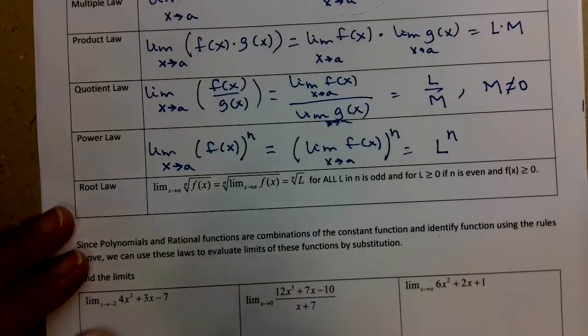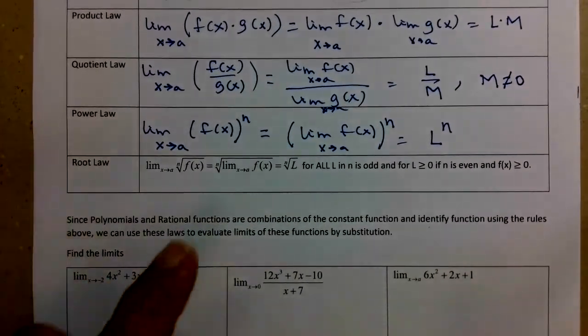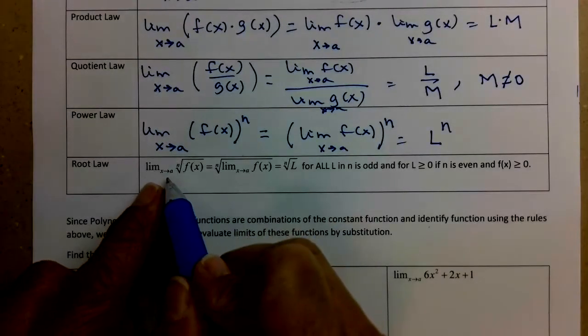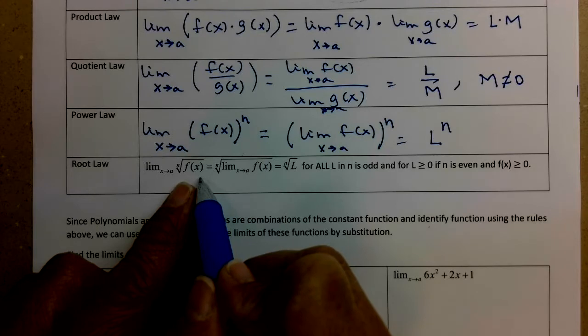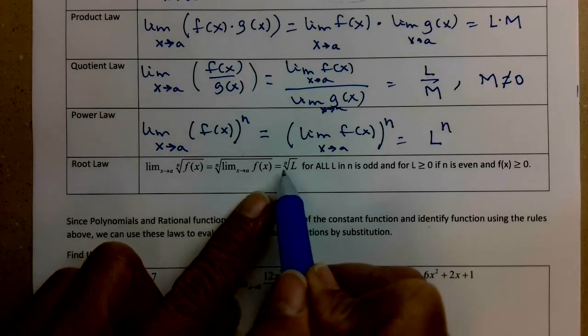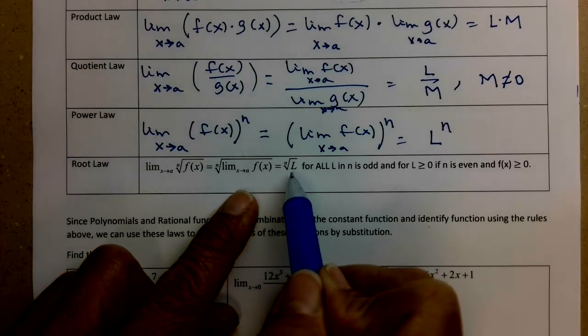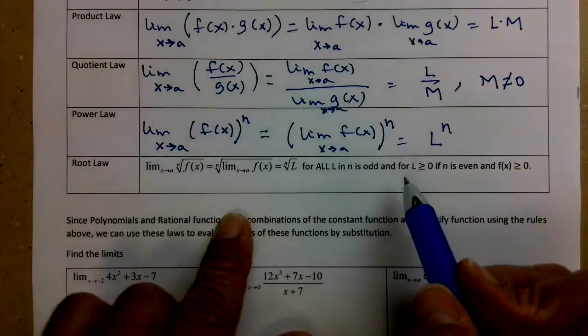And then our root law. I wrote this one out because I was afraid I'd forget one of our caveats. If we have the limit as x approaches a of the nth root of f of x, then that's equal to the nth root of the limit. And the limit, remember, is L, so the nth root of L. Remember, roots are just a version of a power law.